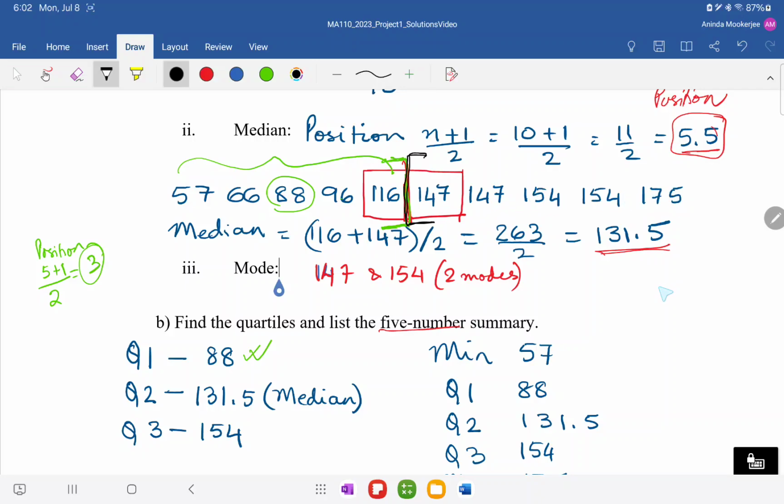Again, the position would be 5 plus 1 divided by 2, which is the third position of the right half. So you start from 147: 1, 2, 3, 154. So 154 represents our quartile 3.